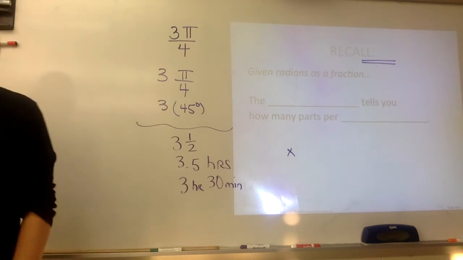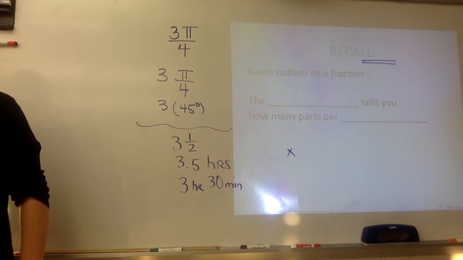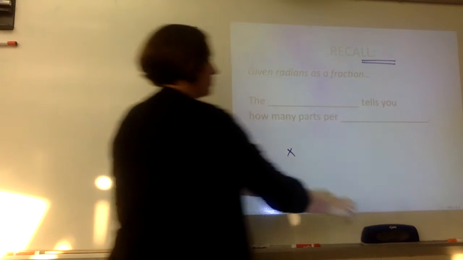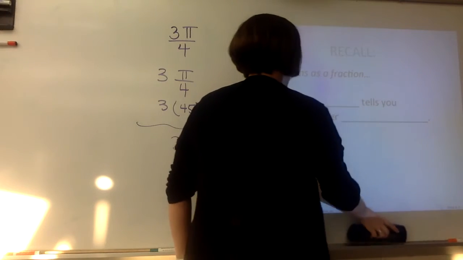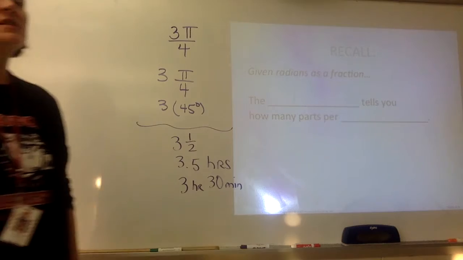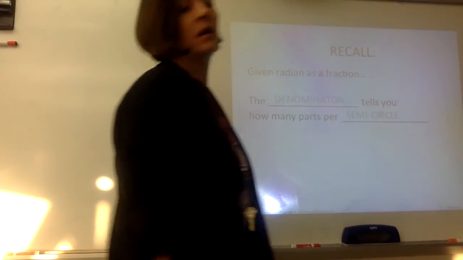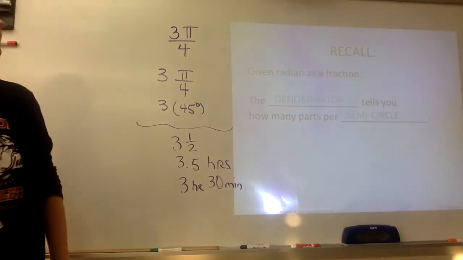All right. Here we go. If you've been checked out, time to check back in, because this is going to help a lot of you memorize your unit circle. I said this yesterday one time. This is now the second time I'm saying it. Given radians as a fraction, the denominator tells you how many parts per semicircle.